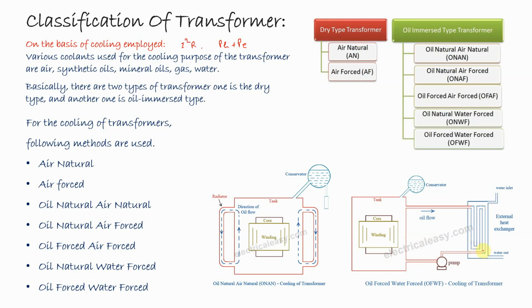Some pump is also used for this water, and there will be an inlet and outlet of the water, so the water is continuously flowing. It takes the heat from the oil and dissipates it, and the oil takes the heat from the transformer and transfers it to the heat exchanger. This total process is done by using pumps. That is called oil forced water forced cooling of the transformer.